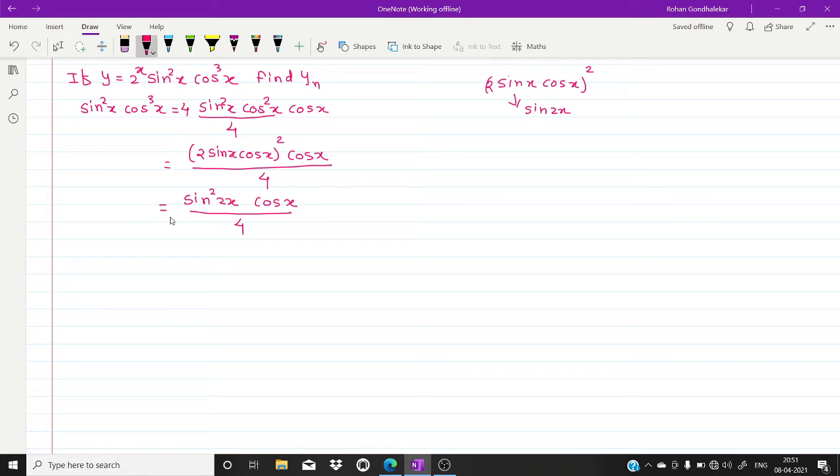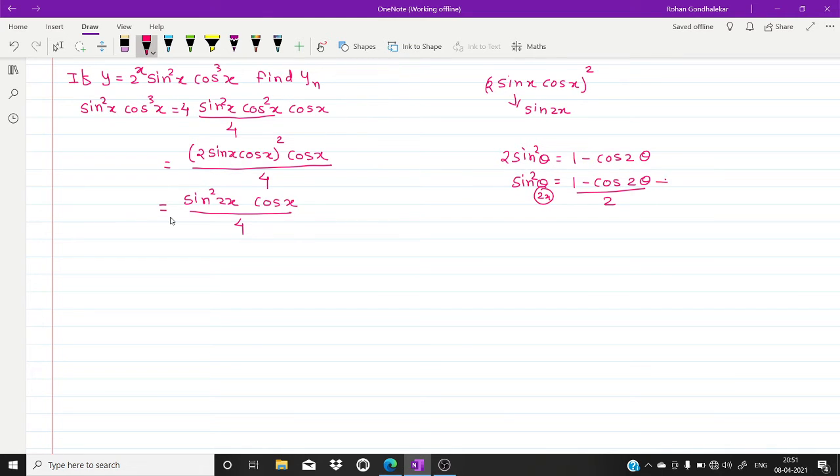Now what is the further adjustment? The further adjustment is quite easy. We know that 2 sin square theta is equal to 1 minus cos 2 theta. So one can adjust it as sin square theta equals 1 minus cos 2 theta divided by 2. Now here theta is what? 2x.